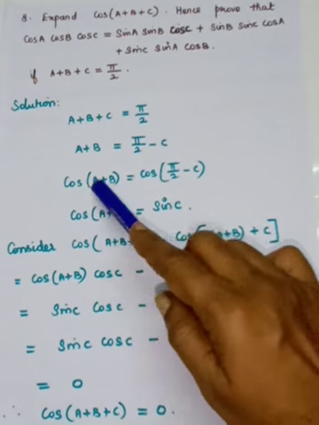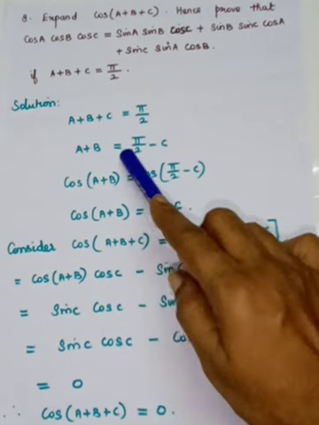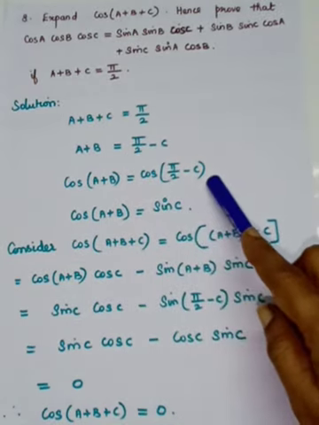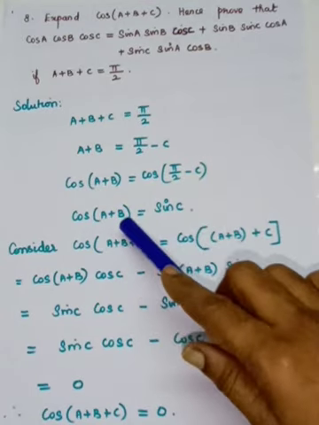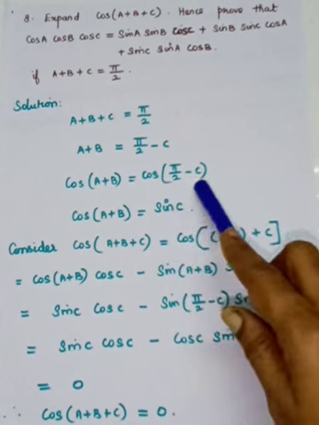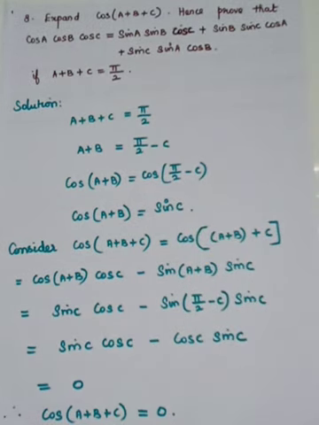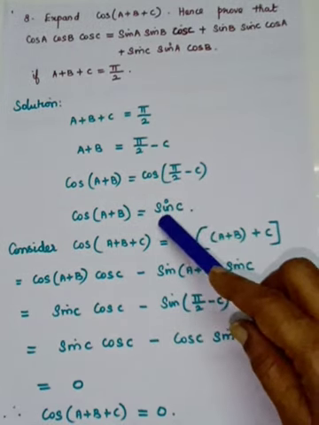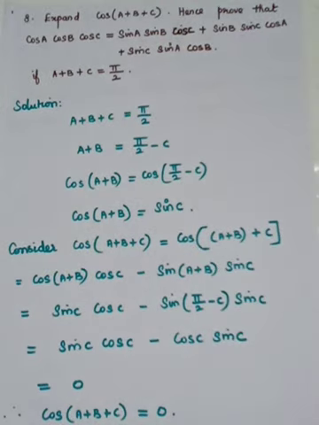So it will become cos of A plus B is equal to cos of pi by 2 minus C. See that cos of 90 minus theta is what? It is sin theta. So here you are having sin C. So I have obtained cos of A plus B as sin C.